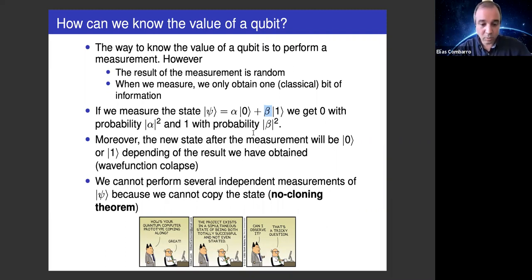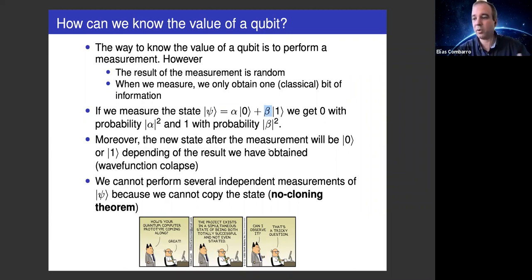What is more, in quantum computing, or in quantum physics in general, when you measure a system, it collapses to one of these states. If you then measure the system again, it is now in whatever state you had measured before. It has collapsed; it doesn't recover the state with alpha and beta.